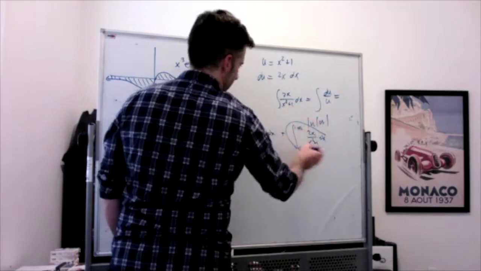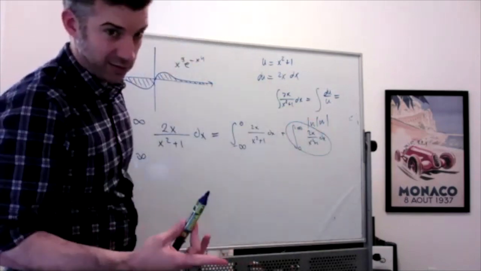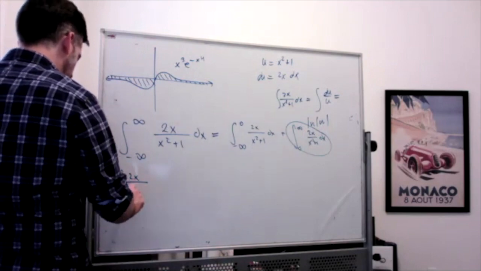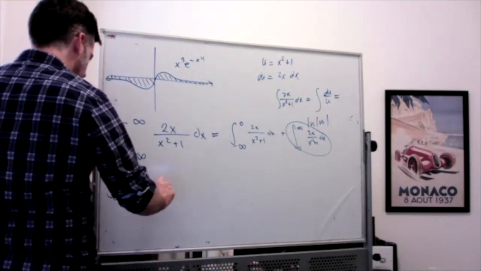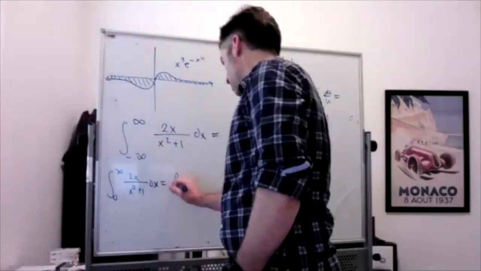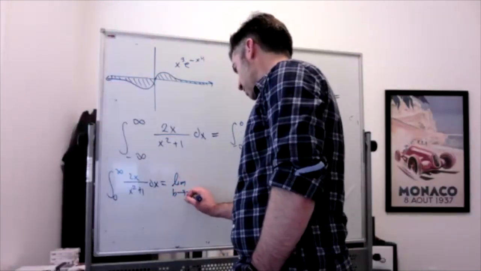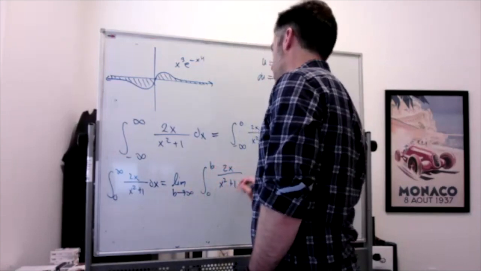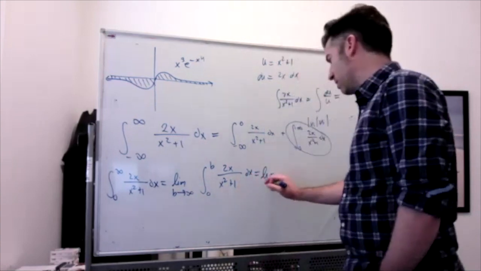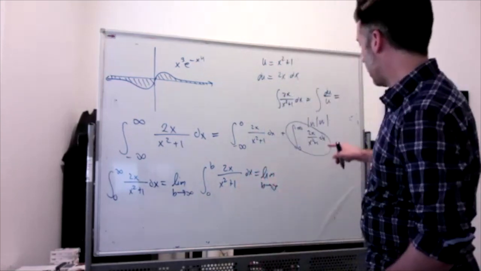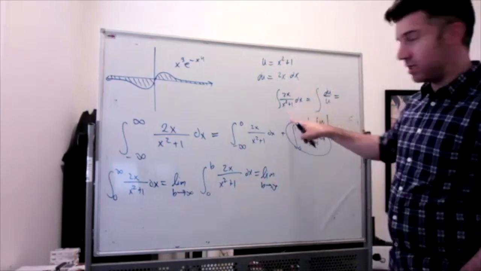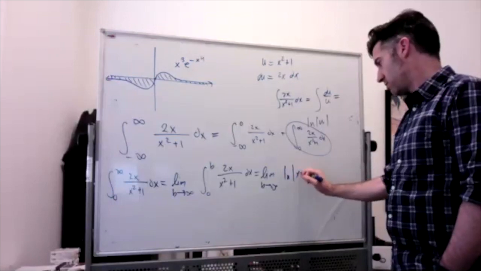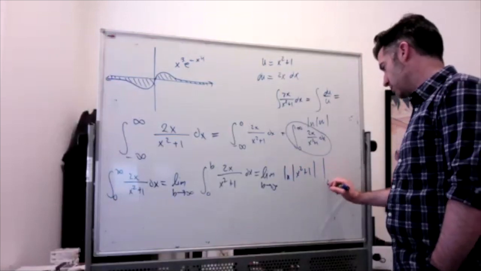Now let's just look at this half of it, because we know it's going to diverge. So the integral from 0 to infinity of 2x over x squared plus 1 equals the limit as b goes to infinity of the integral from 0 to b of 2x over x squared plus 1 dx. Now that's equal to the limit as b goes to infinity of the natural log of x squared plus 1 from 0 to b.